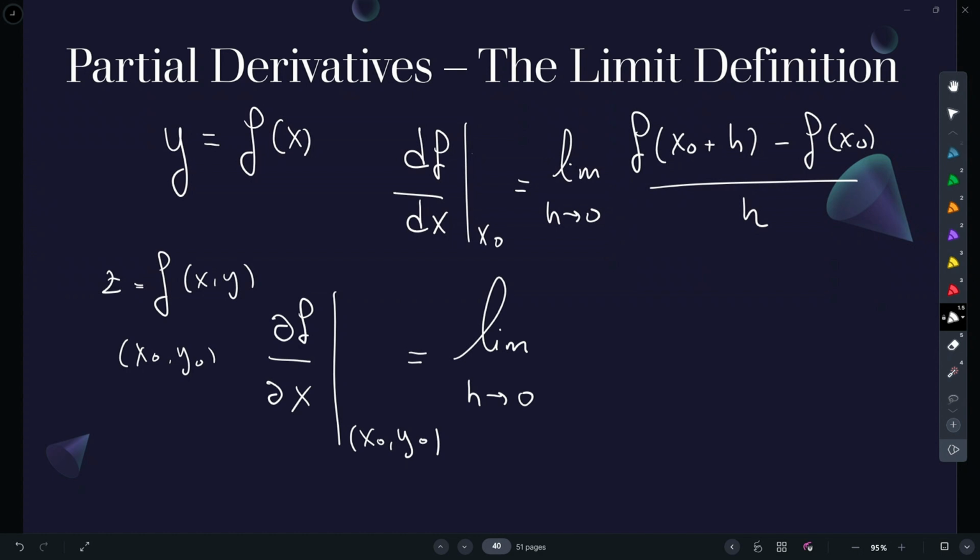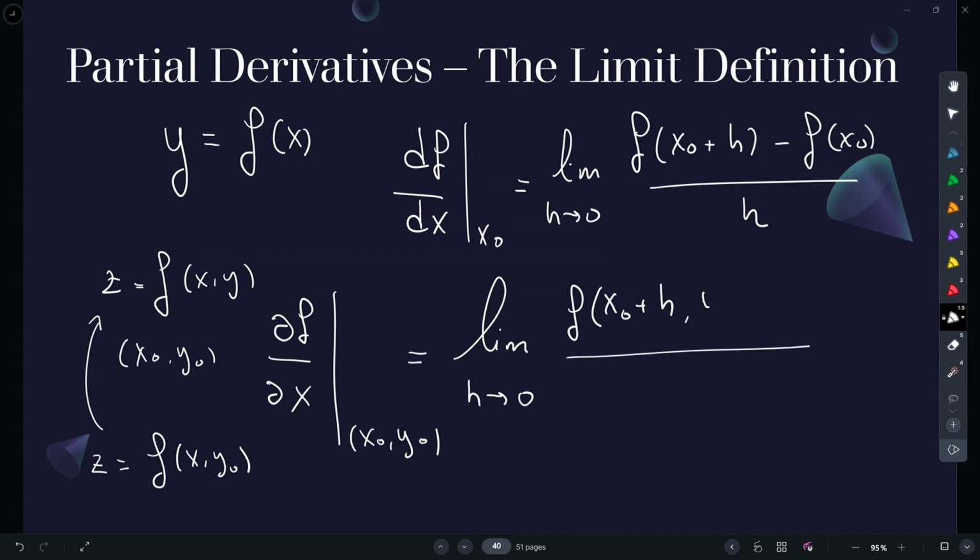In the x direction, I want to know what happens when x changes and y is fixed. So I'm going to think about this function as if y was just fixed and it was just a function of x. Then I can use my old definition, and this is going to be f of x naught plus h with y fixed, minus the value at x naught, y naught, divided by h.